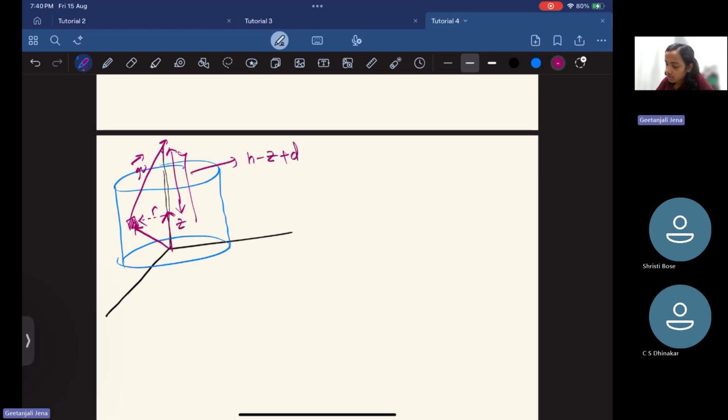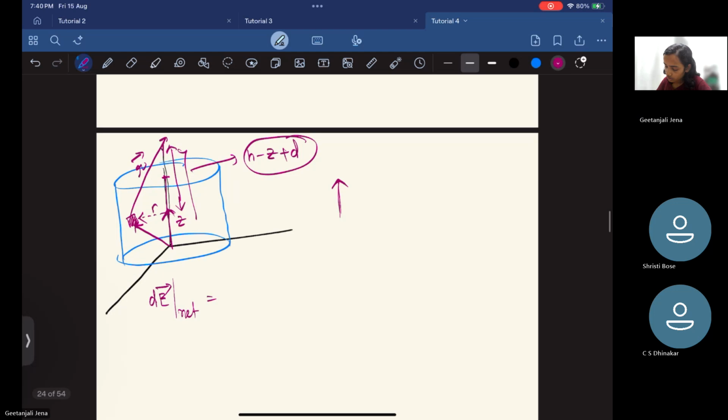This distance is z, so the remaining distance will be h minus z, and we have an additional distance d. So that is why this is h plus d minus z. And remember, the symmetric elements will cancel with each other, so we only have a component in the k cap direction. So that is why we'll take the final value.